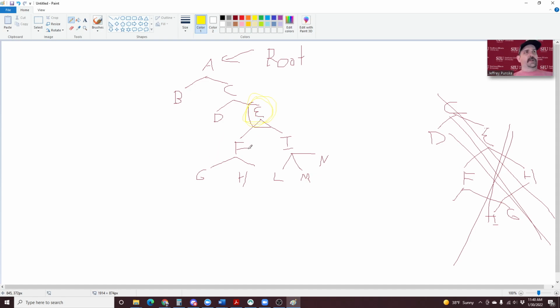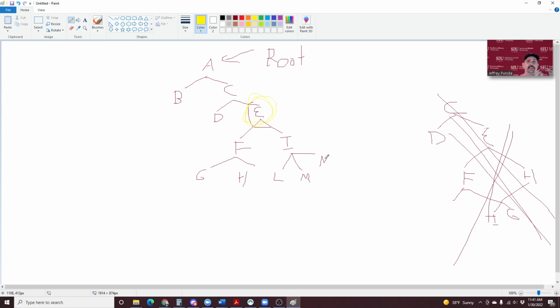So we follow these branches down, and so E is going to dominate F, it's going to dominate G, H, I, L, M, and N. So those are the nodes that E dominates.